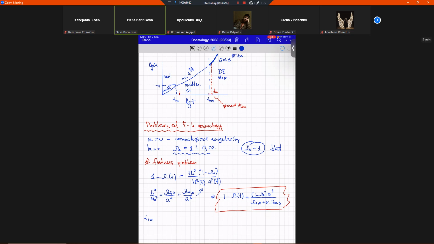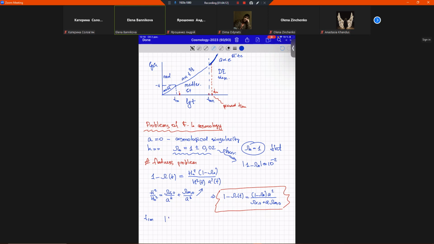In this case, I will put the model, from observation, that 1 minus omega 0 is approximately 10 to the minus 2.